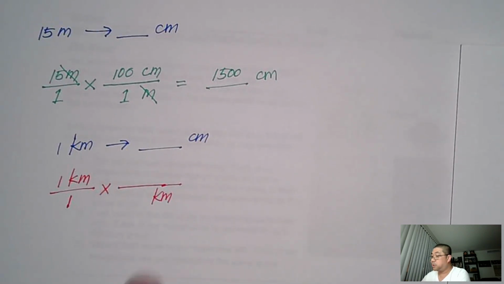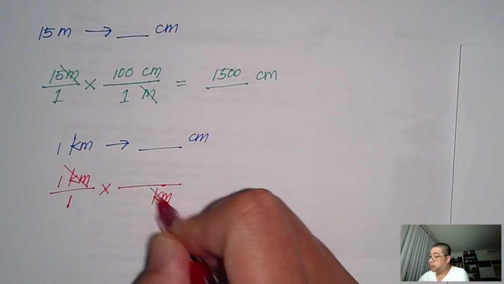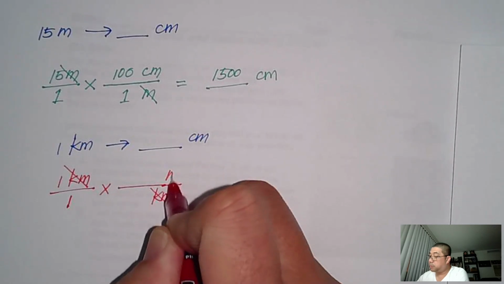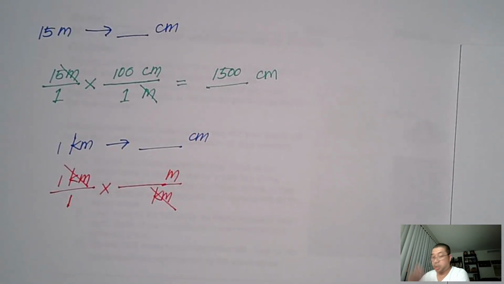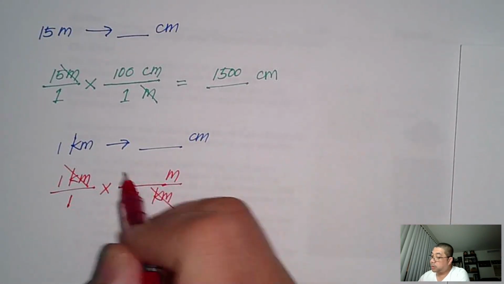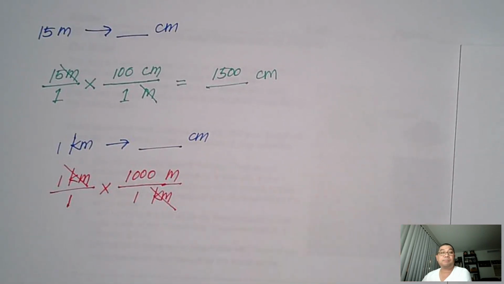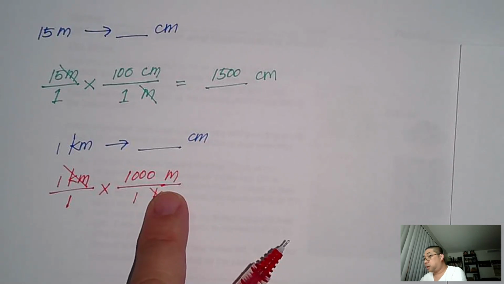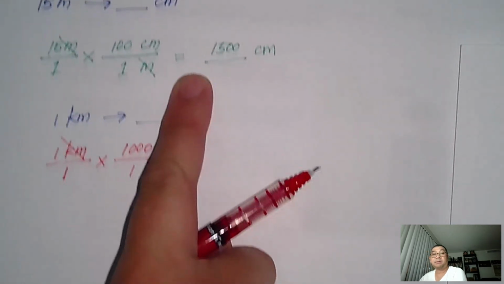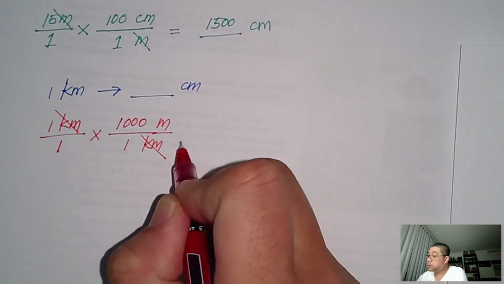And what's the base unit for kilometers? So now kilometer cancels out. So we have the base unit of meters. And we all know that for every 1 kilometer, there is an equivalent of 1000 meters. Can we stop here and finalize the answer? No, we can't, because we want to convert this to centimeters.